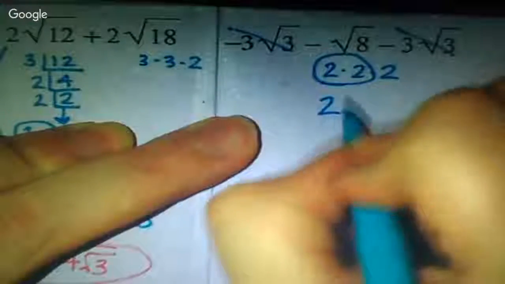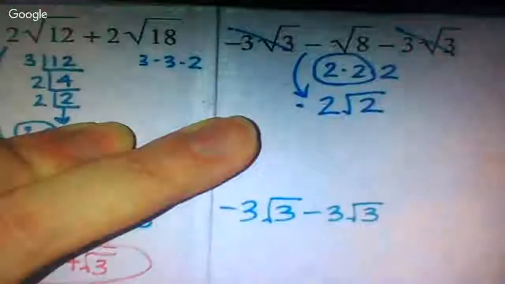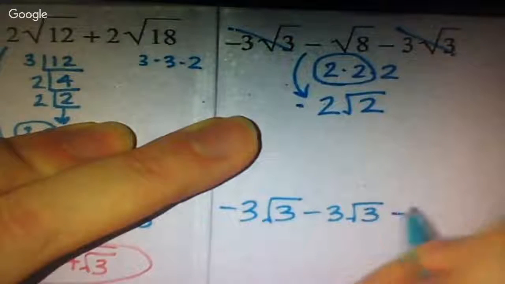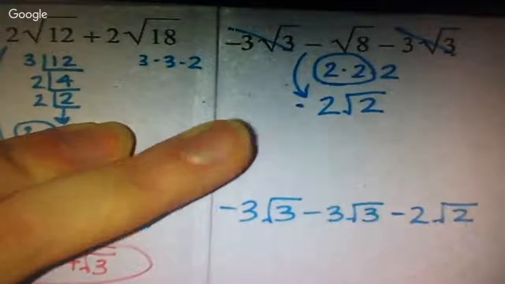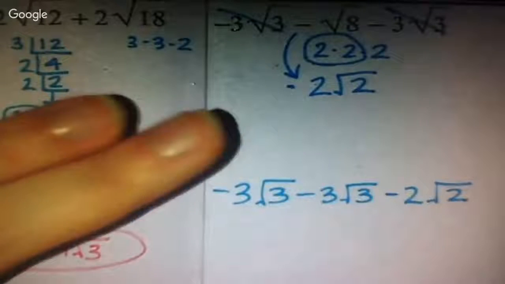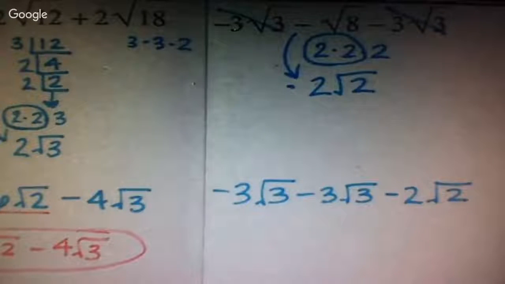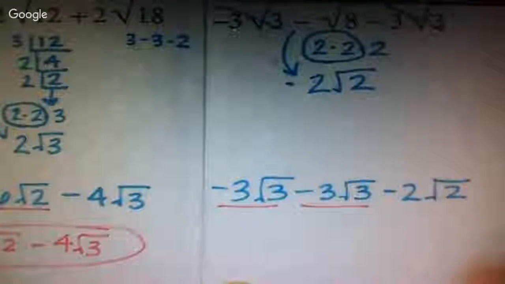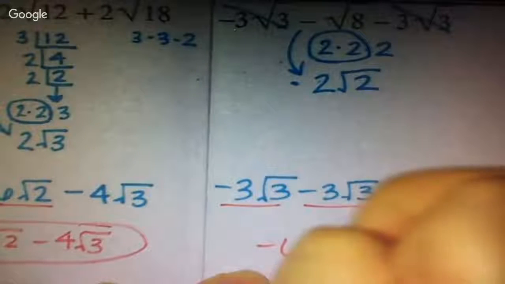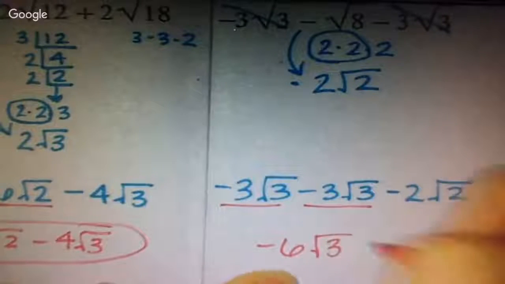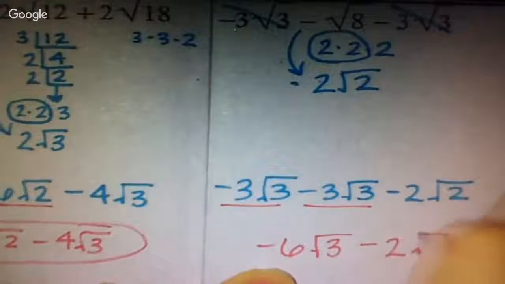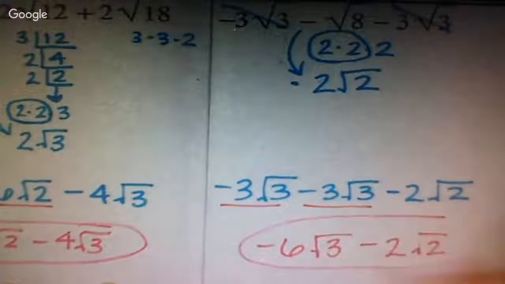When I group in 2's, this becomes 2 square roots of 2. And don't forget that negative, so we've got -2 square roots of 2. Rebecca said we're going to combine these first two, and it becomes -6 square roots of 3, and then -2 square roots of 2.